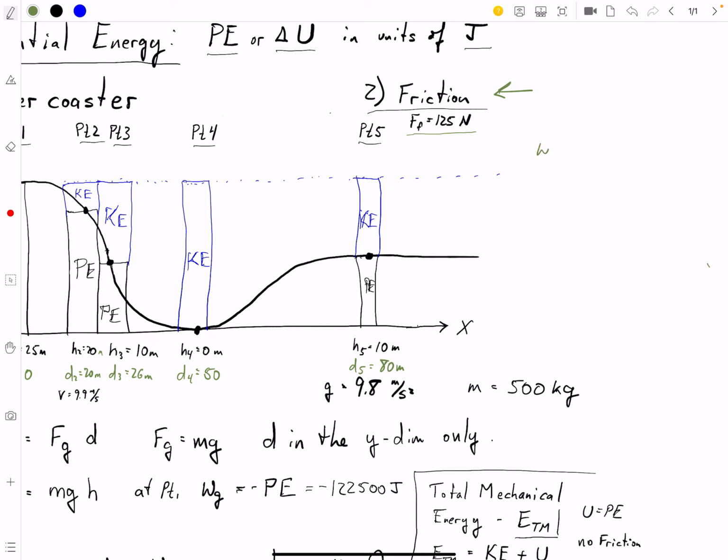So work of friction is going to be equal to our force of friction times our distance. And the distance at point 4 is 50 meters.